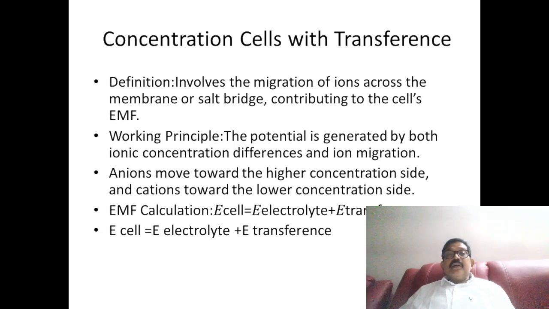The working principle of the cell with transference: the potential is generated by both the ionic concentration differences and ion migration. Anions move towards the higher concentration side and cations towards the lower concentration side.